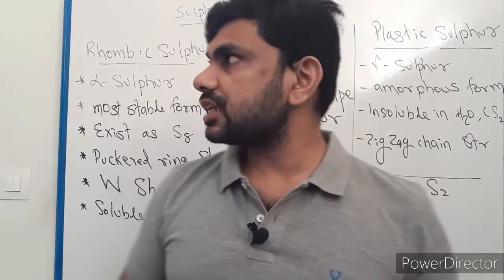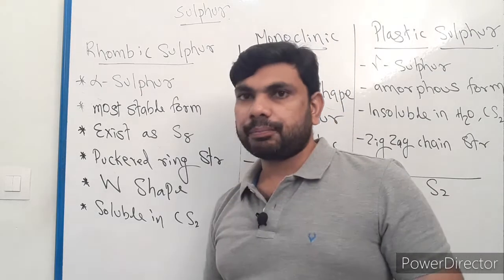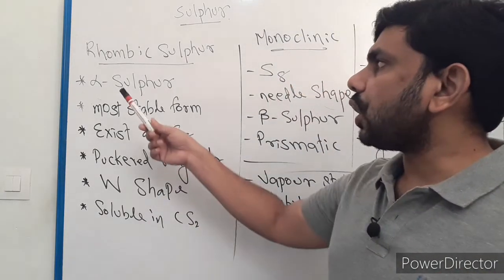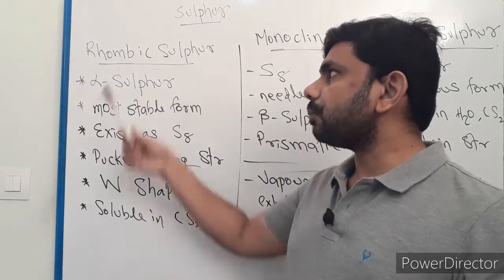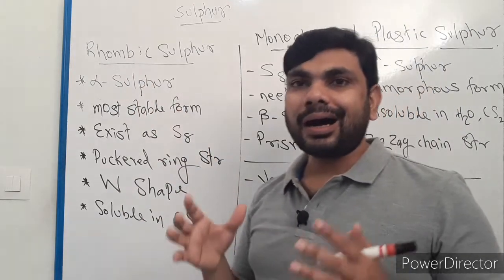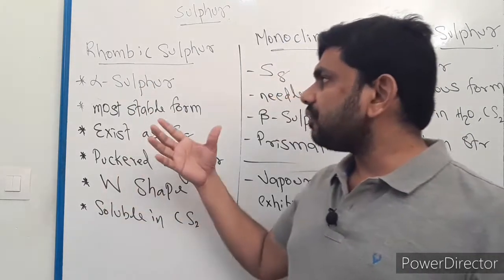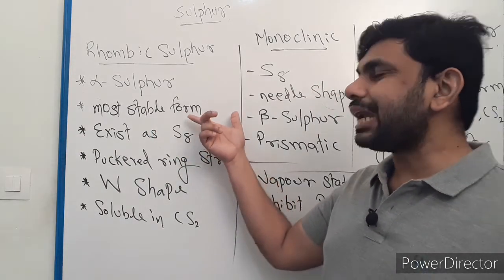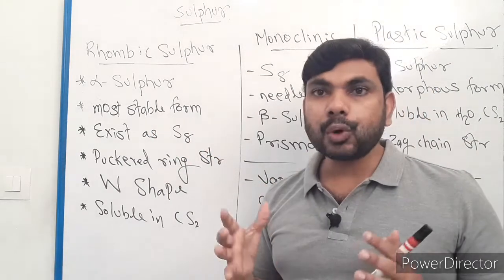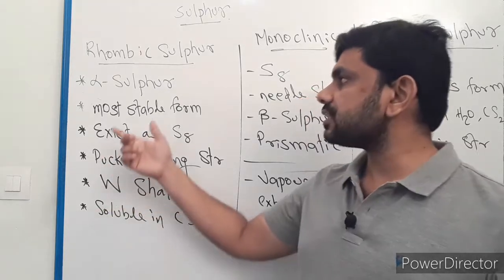First, let us discuss rhombic sulfur. Rhombic sulfur is also called alpha sulfur. This alpha sulfur is the most stable form of sulfur.